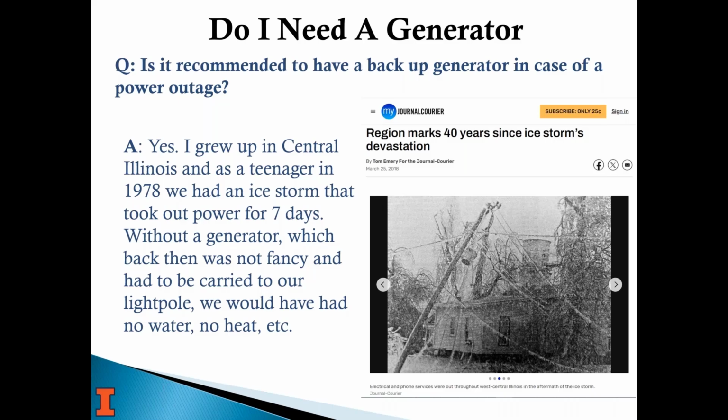Back in those days, our generator was a Honda motor with a frame so we could carry it, bolted to a piece of thick plywood that we had to carry out to our light pole and plug into a 220 outlet, and then fire it up, flip the switch, and it was enough to run our well, our freezer, our furnace and our fridge. And my sister had a 2-month-old, 3-month-old, and they were totally without anything.